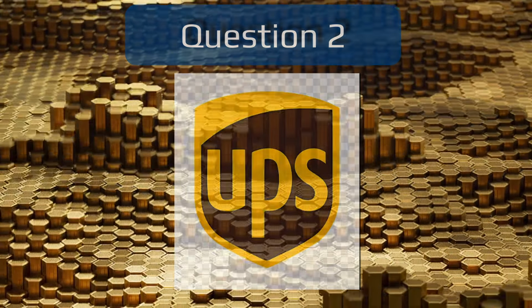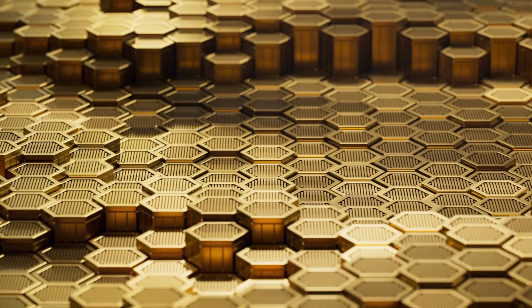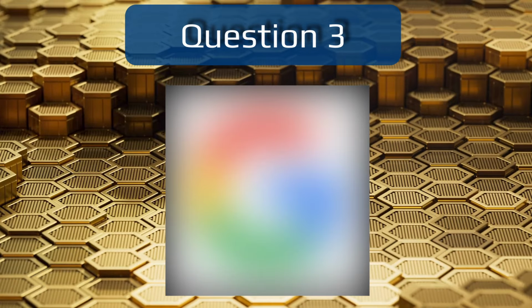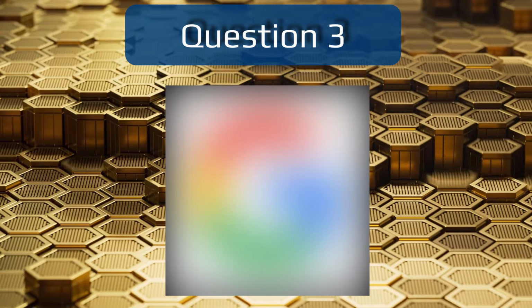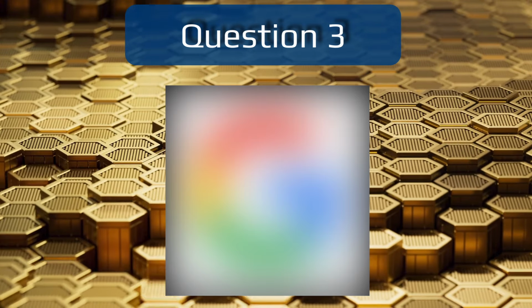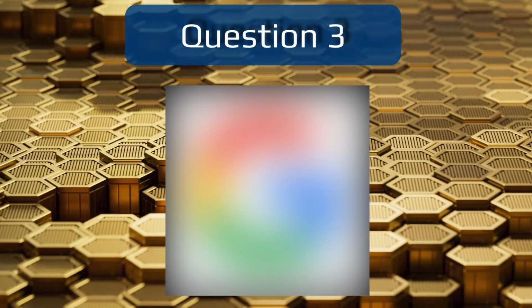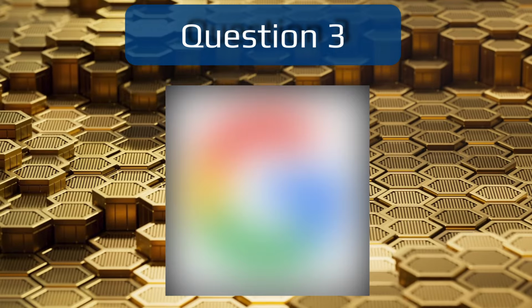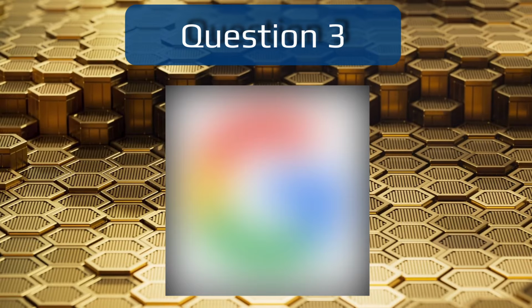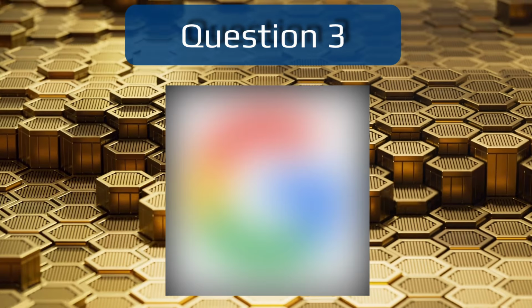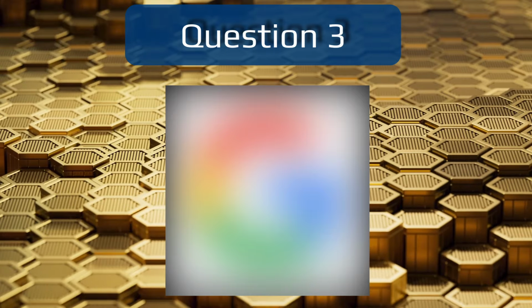Let's do one more. I'm not going to give you any clue this time. All I'm going to say is it has 4 colours of red, blue, green and yellow, and most people use them every single day.